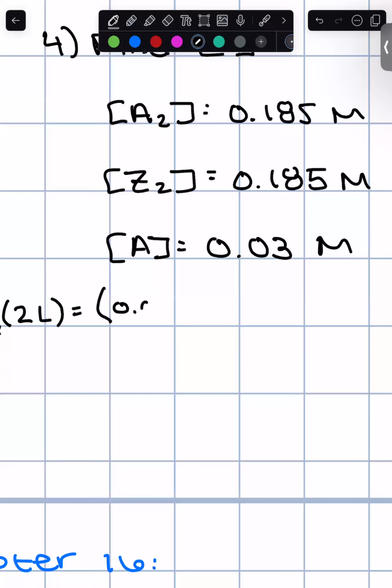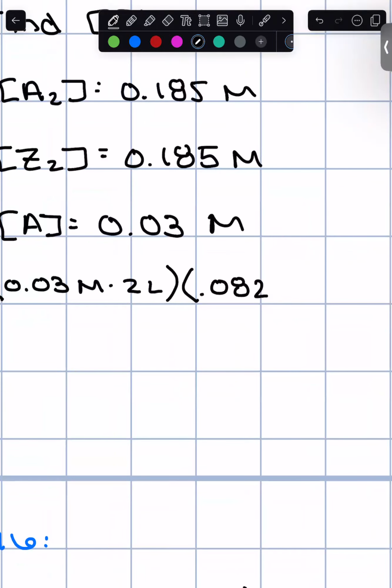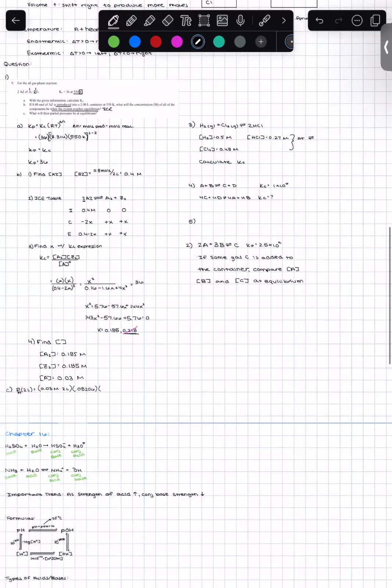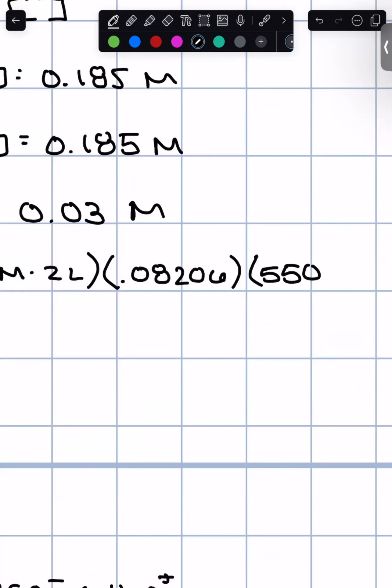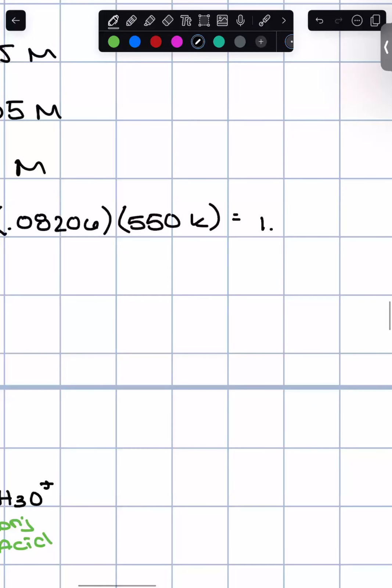So 0.03 molar times 2 liters. R in atmospheres, 0.08206, and that temperature at 550 Kelvin. And that is going to be equal to 1.35 atm.